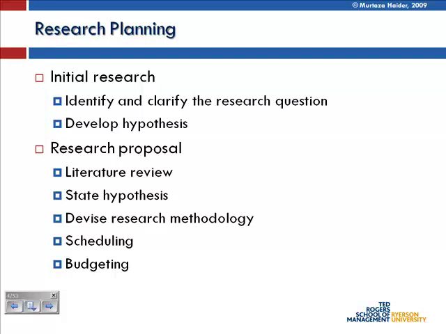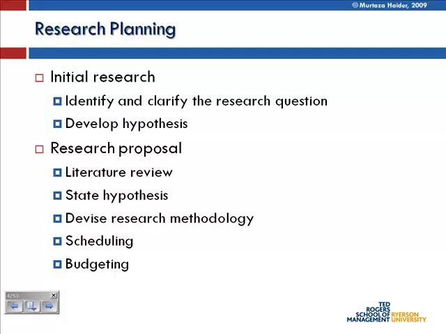It has a literature review where you study what others have done, and based on identifying the niche, the gap, you define your particular contribution and the way you would do the analysis. You would state your hypothesis. You will describe a research methodology, and you will also explain how you would do this research in terms of the scheduling.